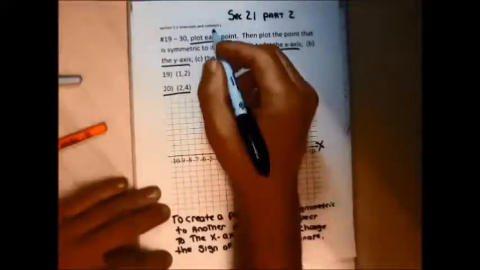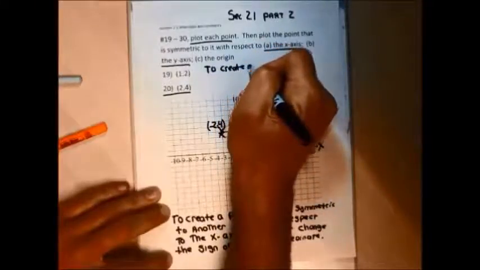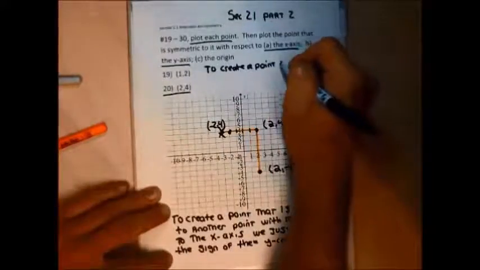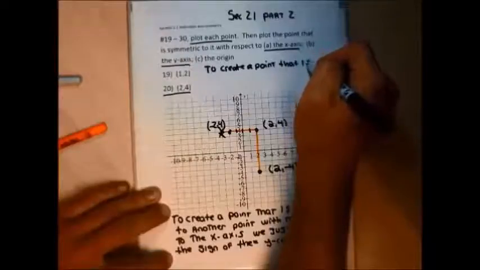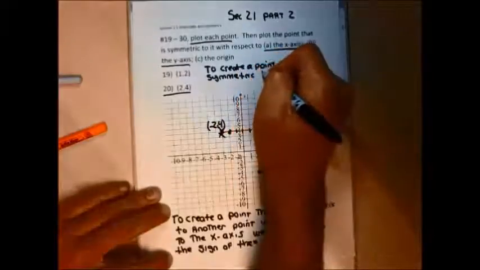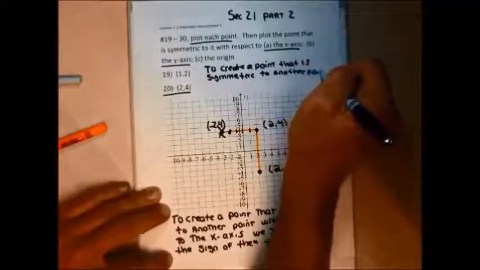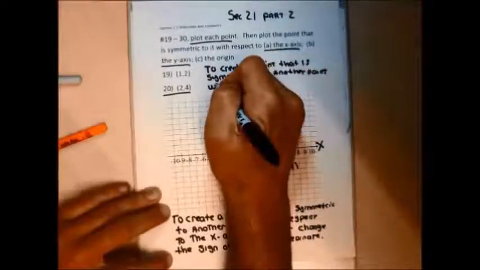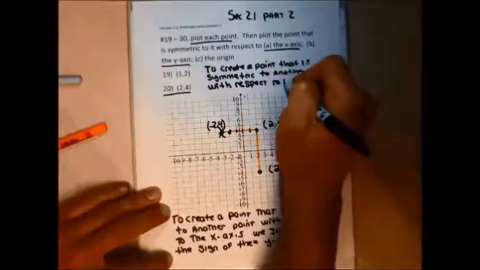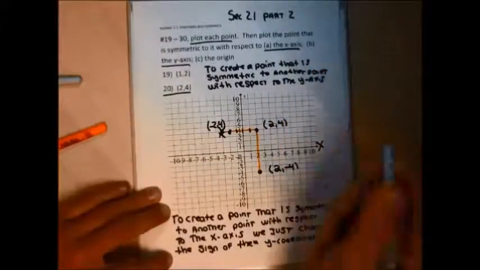And in general, to create a point that is symmetric to another point with respect to the y-axis, we just change the sign of the x-coordinate.